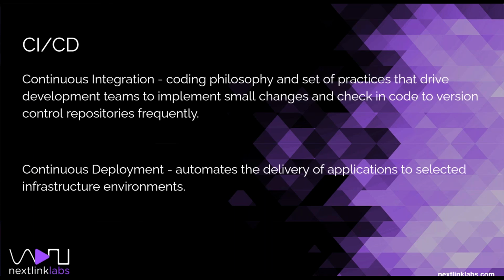CI/CD get lumped together often, but they actually are two different concepts. CI/CD stands for continuous integration and continuous deployment. Continuous integration is really a philosophy, and it's what happens after you check code in. It's that first part of the process.